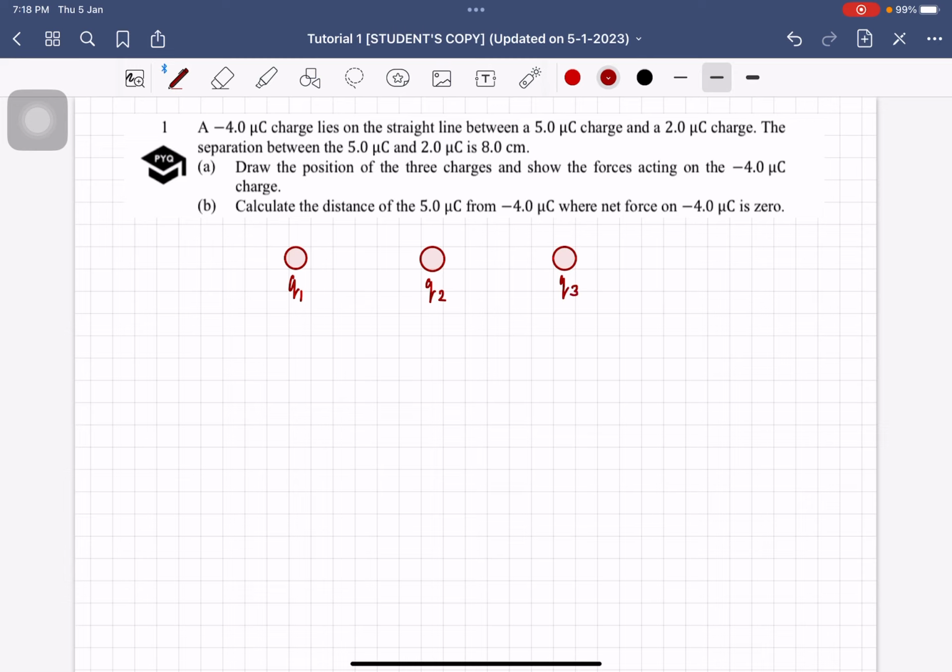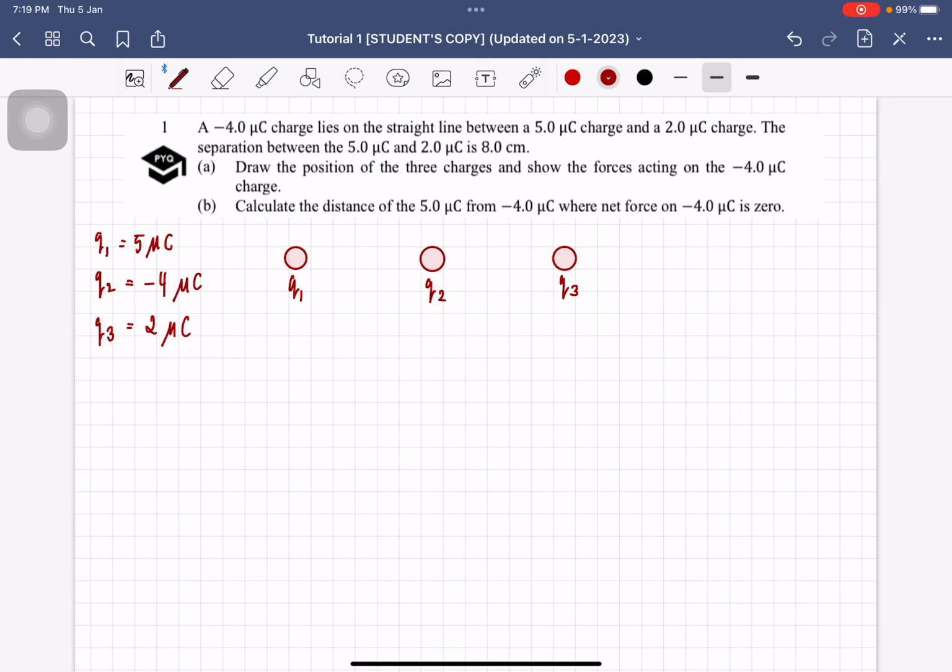So Q1 is the 5 microcoulomb charge, Q2 is the negative 4 microcoulomb charge, and Q3 is the 2 microcoulomb charge.